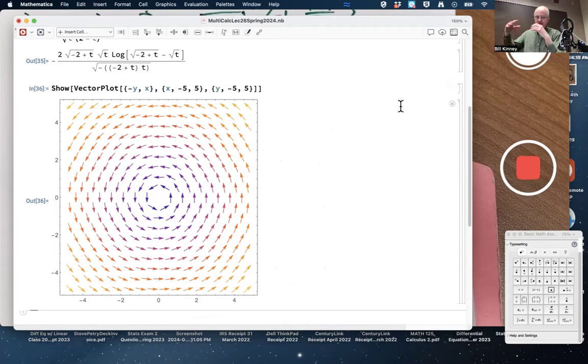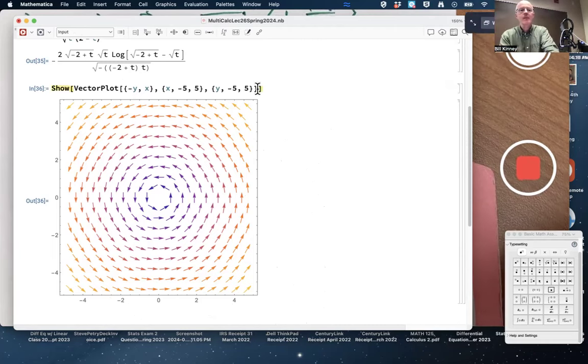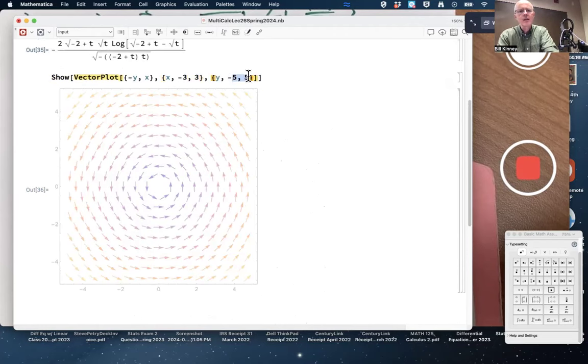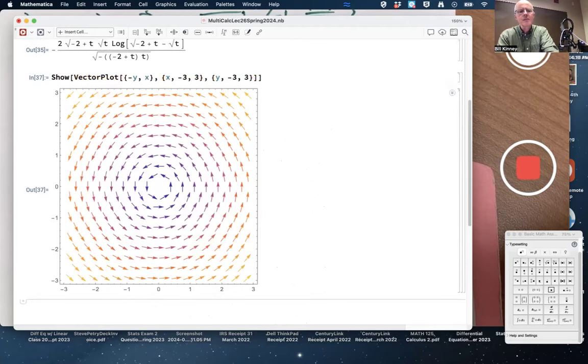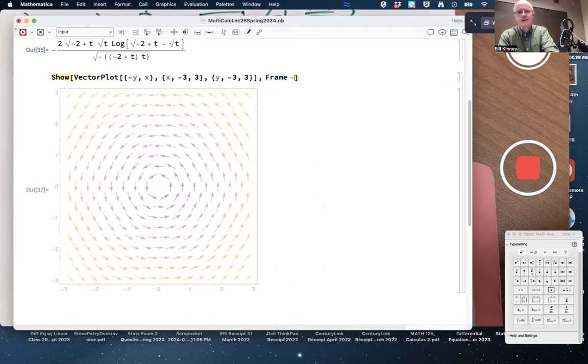But the more orangish, yellowish vectors are longer than the darker bluish purple vectors in the true vector field. Let's zoom in near the origin. Not too far though. Hard to tell a difference, but yeah, it is different.